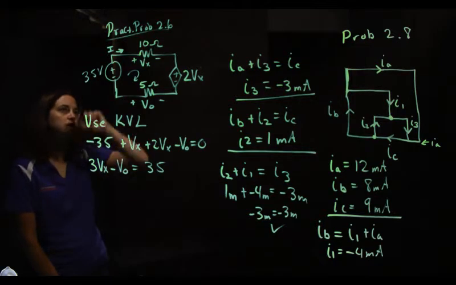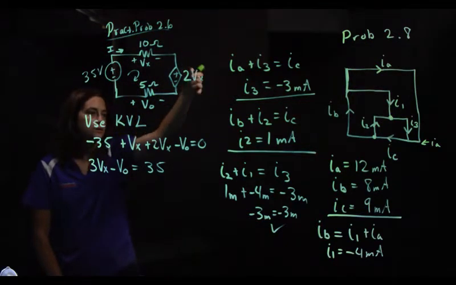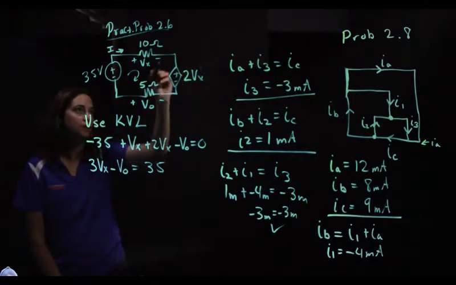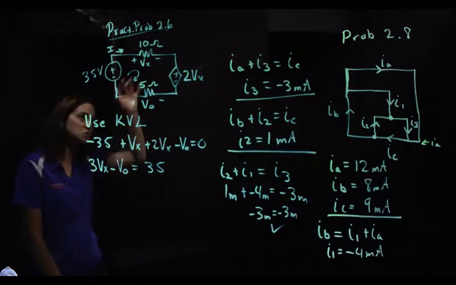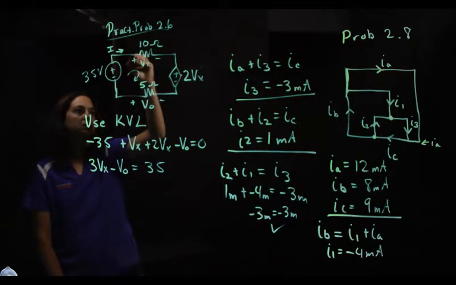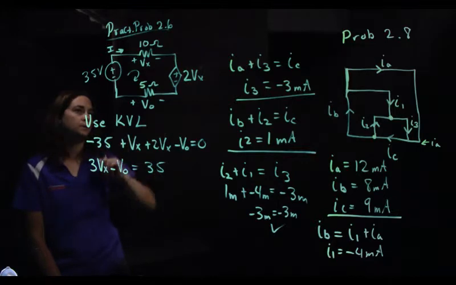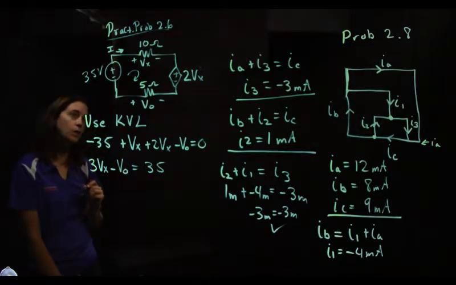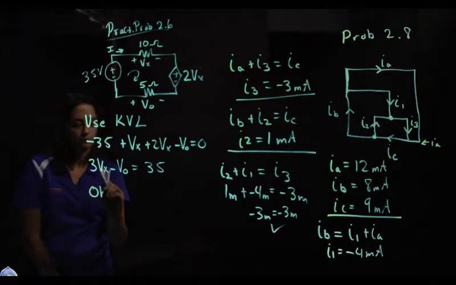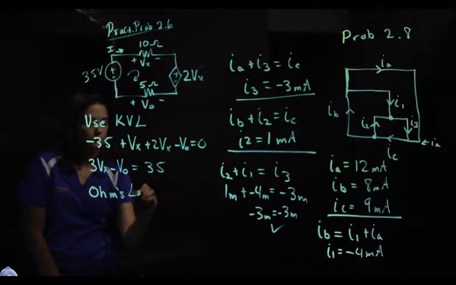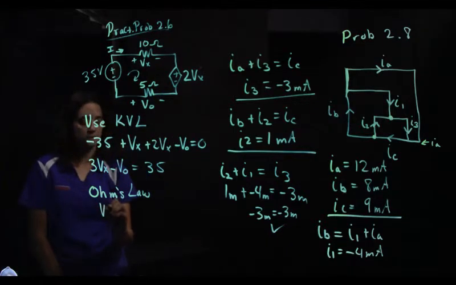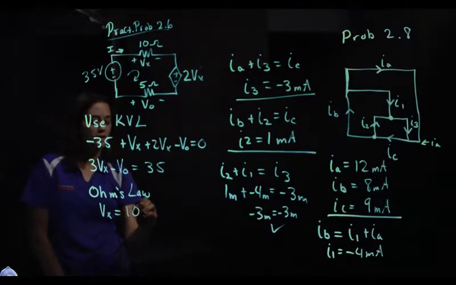This current flows all the way through this circuit, right? So current I goes through every element in the circuit because there's nowhere else for it to go. There's no other branches. Everything here is in series. So I know that I can write, using Ohm's law, V equals IR, Vx is equal to 10I.